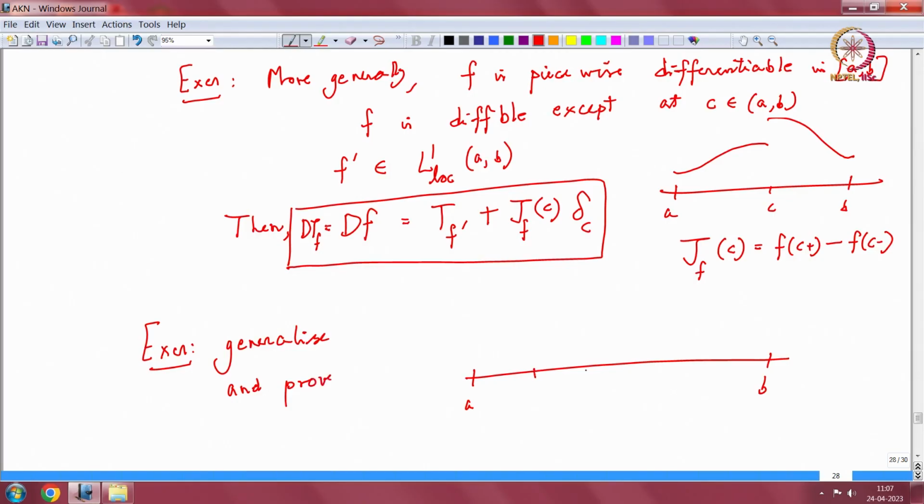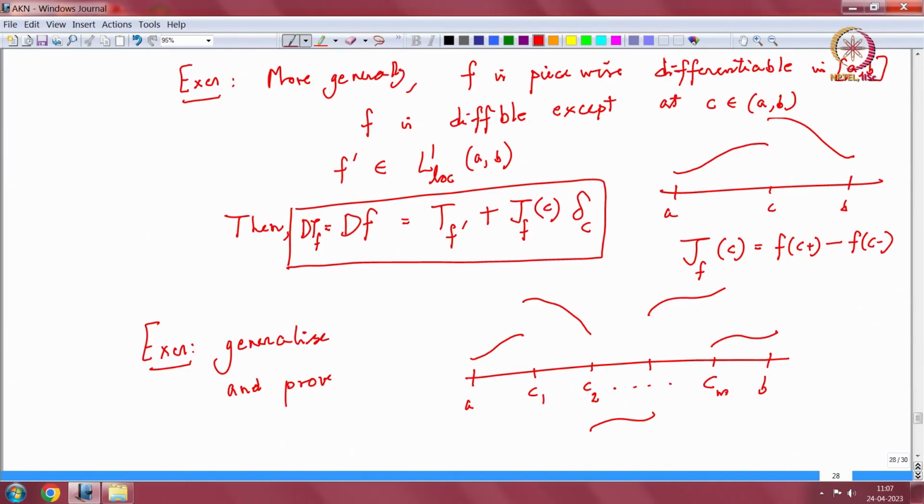So, if you have some set of discontinuity points C1, C2, etc., Cm, and you have a smooth function in between, you assume the function is differentiable except at finitely many points, and each time it will pick up a Dirac delta together with its jump.